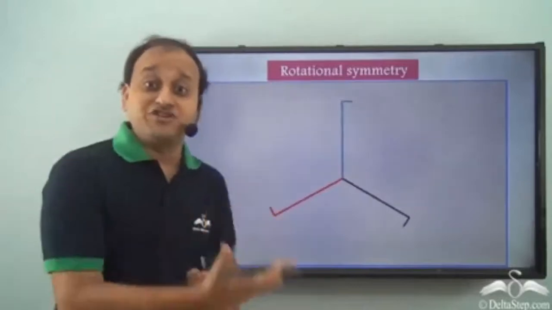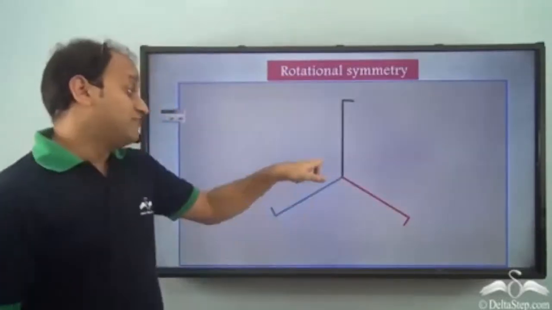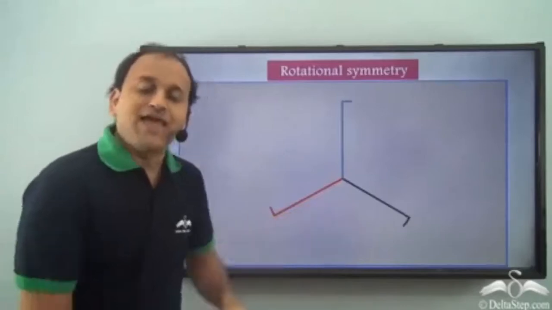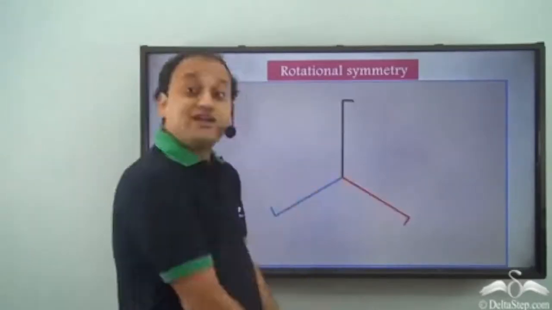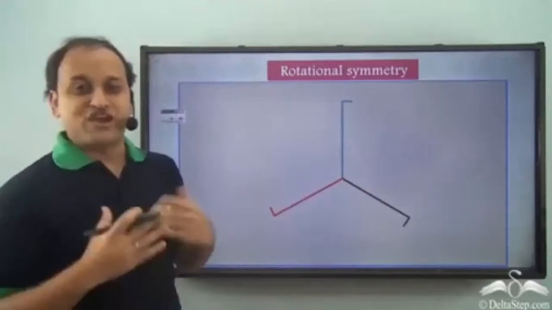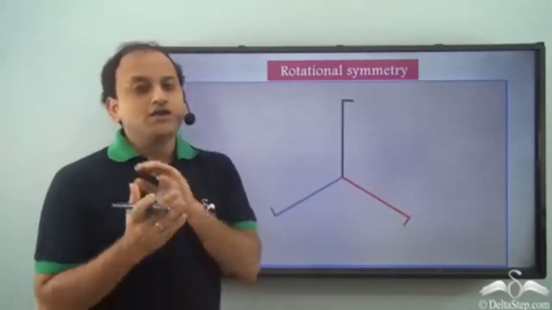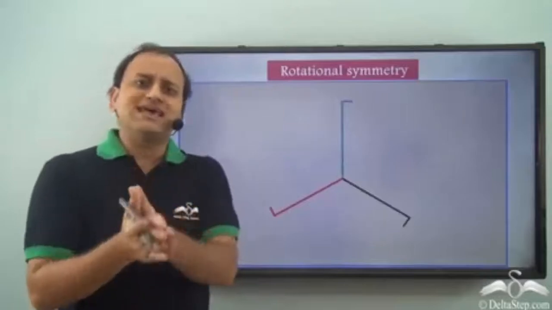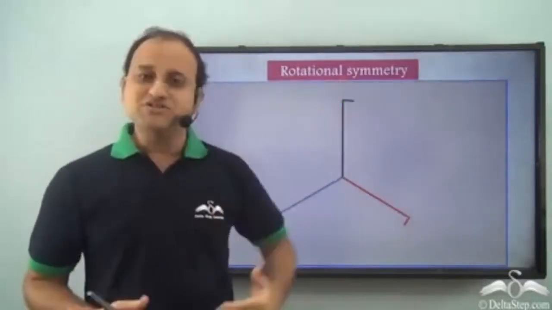You cannot really differentiate between its previous position and the next position due to rotation. And this is a special type of symmetry. We call it rotational symmetry. So every time you rotate an object at a particular angle, you find that the object looks exactly the same as it was in the previous position.